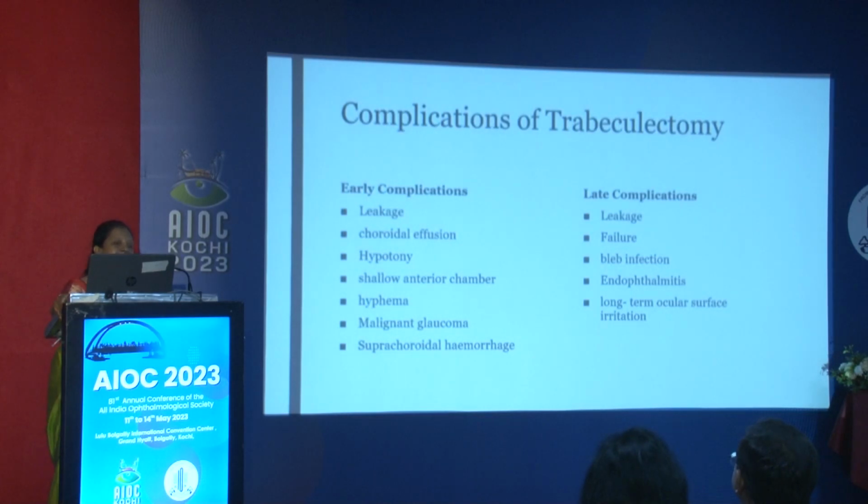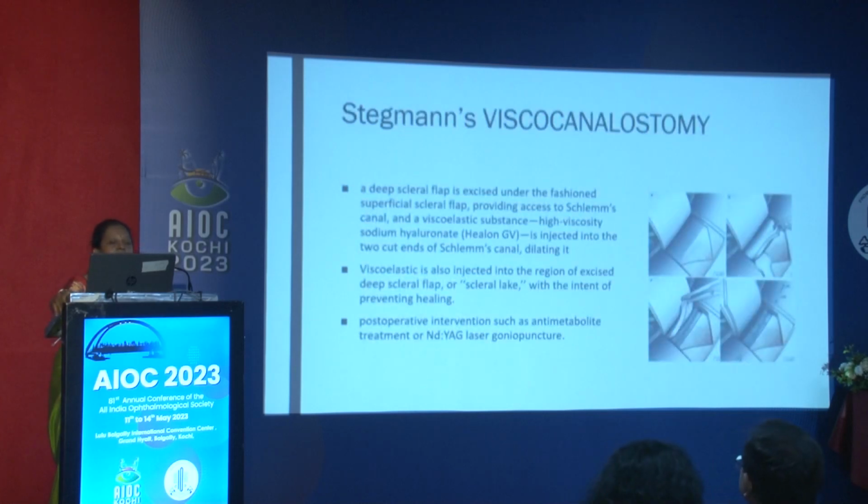However, TRAB has its complications: early complications like leakage and hypotony, and late complications like leakage and infections. Because of these complications of TRAB, because you enter the chamber, the chances of leakage and hypotony are there. In the 1990s, Fyodorov introduced the deep sclerectomy technique, popularly known as non-penetrating deep sclerectomy.